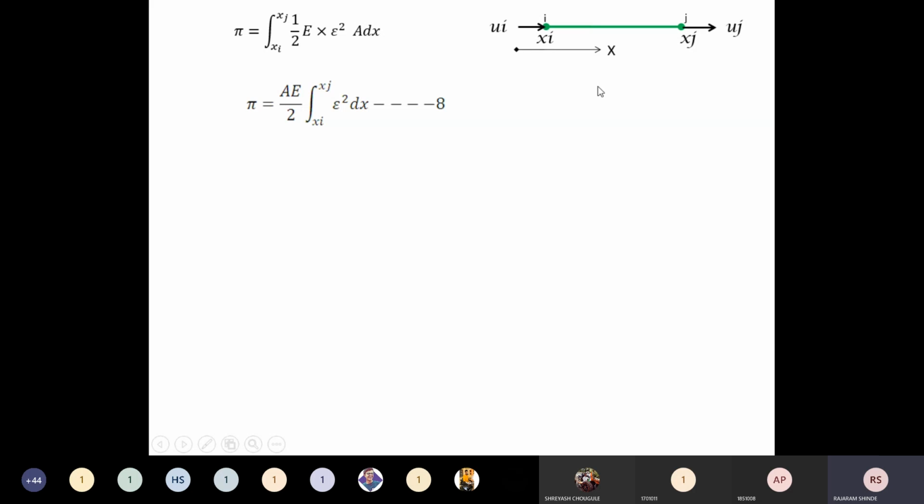Okay, and we can write du by dx as a strain. You can see here du by dx, that is a change in length or change in position of the i node and j node. That is your deformation per unit length, and du we can write uj minus ui, and dx you can write xj minus xi. Okay, and this becomes uj minus ui divided by L. If you have doubt in the strain equation, you can ask me. Have you got it?